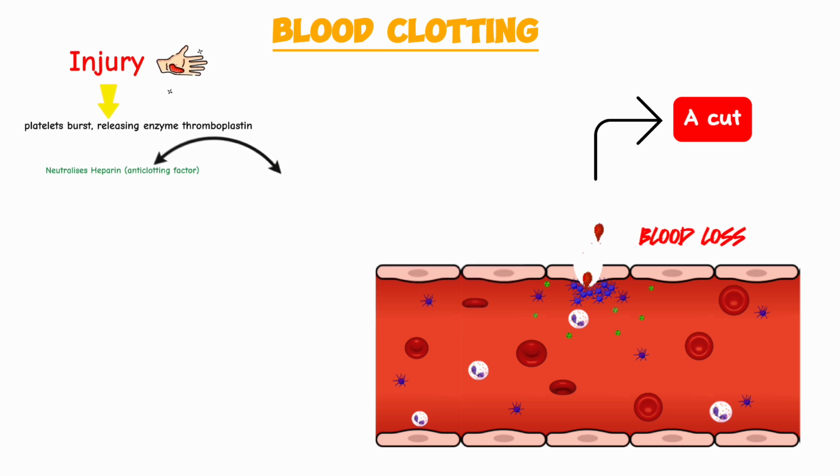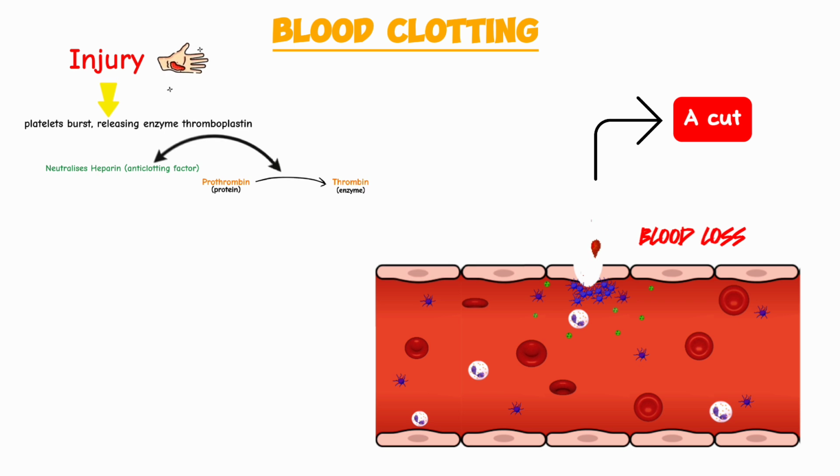Now the other is that it activates the conversion of prothrombin to thrombin. Let me explain that. Prothrombin is the inactive form of an enzyme called thrombin. The reason why this enzyme is in an inactive form is because it shouldn't work unless when needed during blood clotting. So it's going to be in an inactive form called prothrombin.